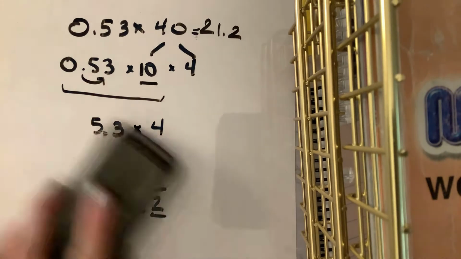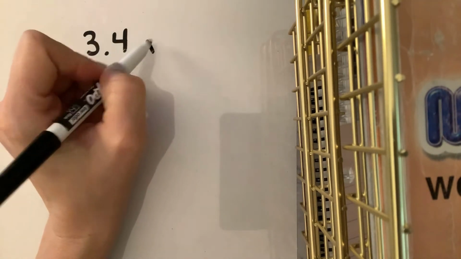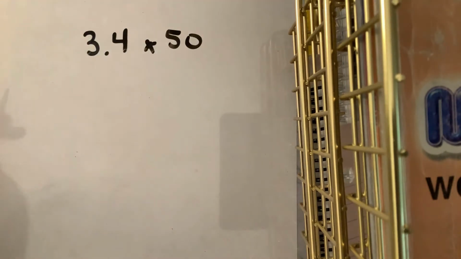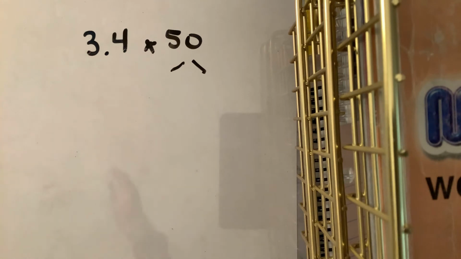Again, you should be working along with me. So let's try something again. Let's try 3 and 4 tenths times 50. So remember, we're breaking this apart into two parts. If you think you're remembering based on what I said before, what do you think?